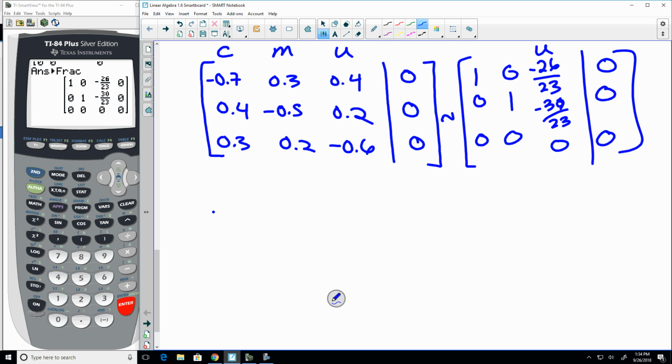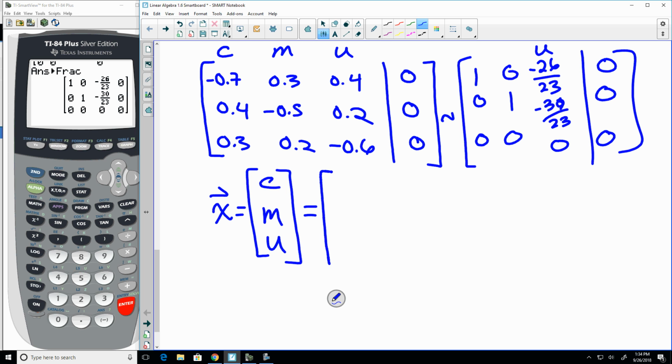So we'll call this X. X is going to be the outputs of Canada, Mexico, and the United States. So this would be 26 over 23 U, 30 over 23 U, and U.